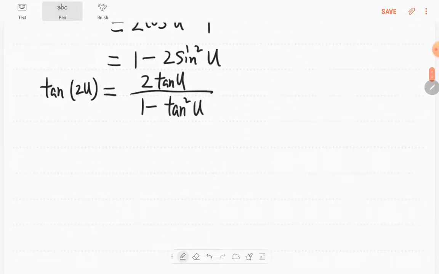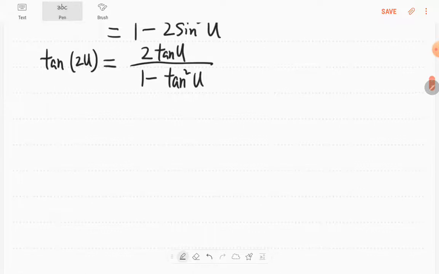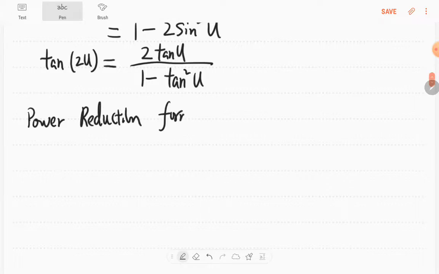The next one is the power reduction formula. It says you can reduce the power of sine square to sine, but you will need to double the angle.